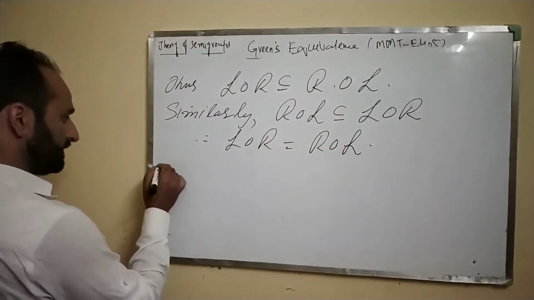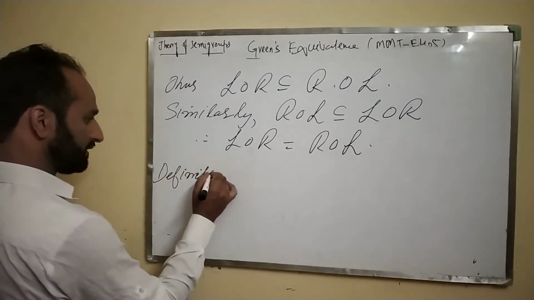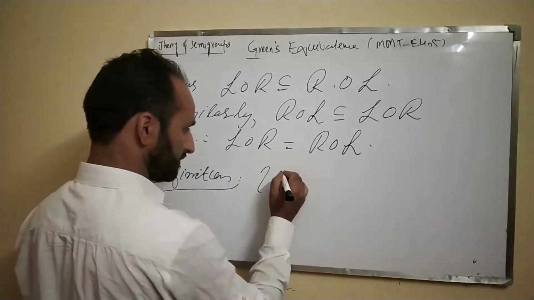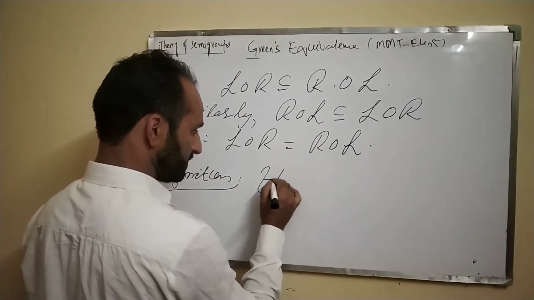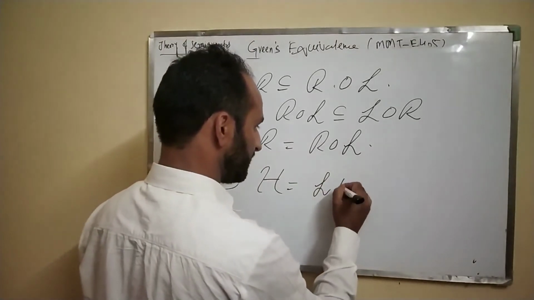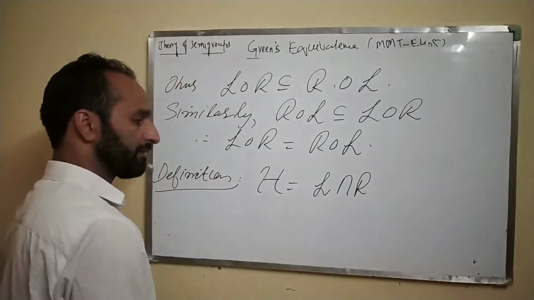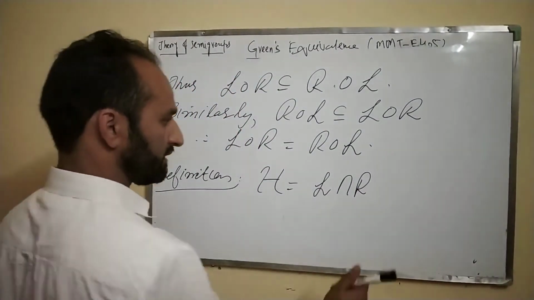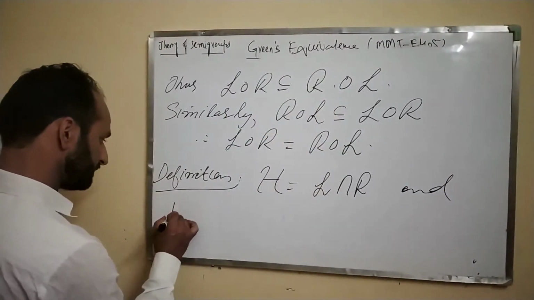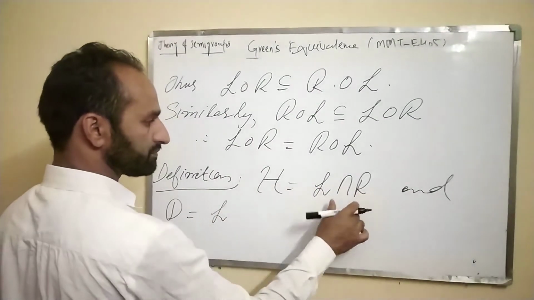Now we have some other equivalences which are very important. So let's define this H relation. H is the intersection of these, L intersection R. So it's an equivalence relation. And we have one more relation, that's D relation, which is the join of these two.